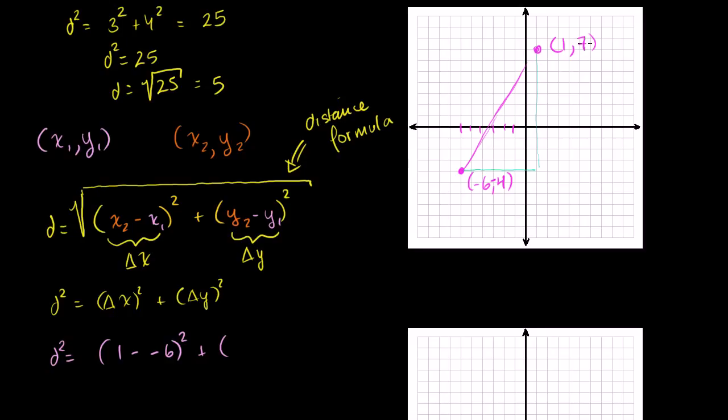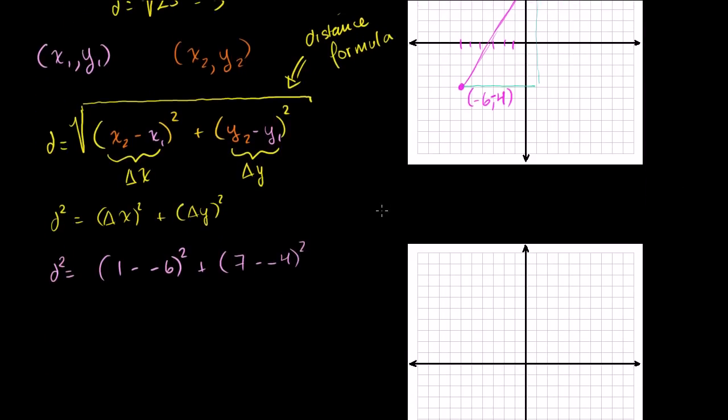The larger y is here. It's 7. 7 minus -4, squared. And I just picked these numbers at random, so they're probably not going to come out too cleanly. So we get that the distance squared is equal to 1 minus -6. That is 7. 7 squared.